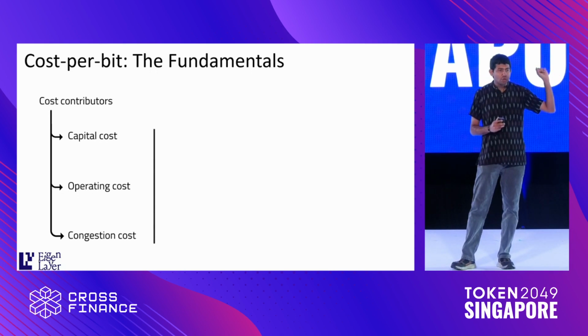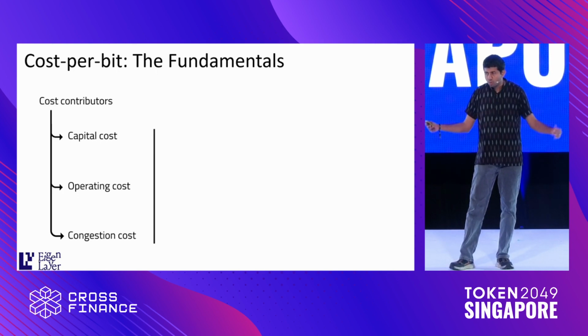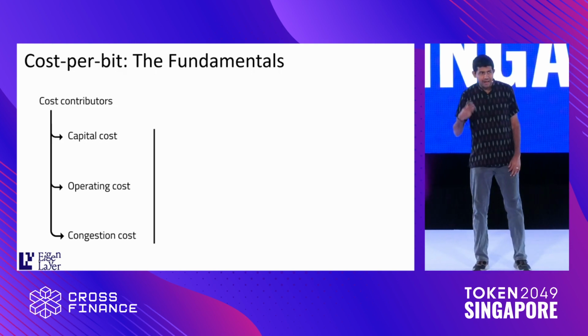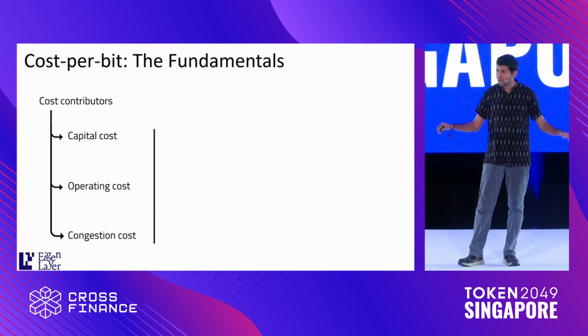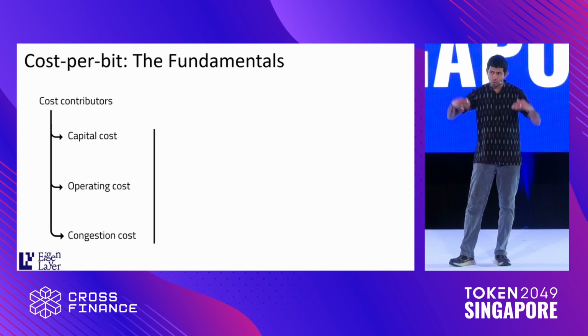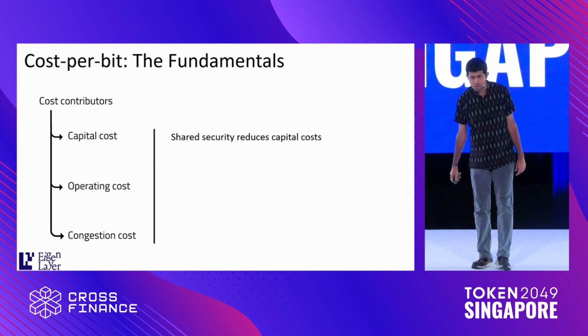Number one, to reduce the capital cost, we use shared security. What does it mean? We have this primitive called EigenLayer. EigenLayer is a mechanism to share security between the Ethereum core protocol and any other applications built on top. Since the same stake is used on all these applications, you get cost reductions in capital cost.